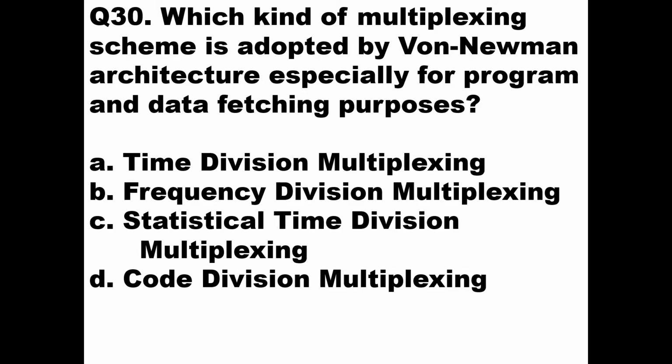Now the options here are time division multiplexing, frequency division multiplexing, statistical TDM, and code division multiplexing. Okay. So out of this, the basic digital type of multiplexing, that is option A, time division multiplexing is the answer. So a time division multiplexing is a scheme which is adopted by von Neumann architecture, especially for program and data fetching purposes. Okay, so the answer is time division multiplexing.